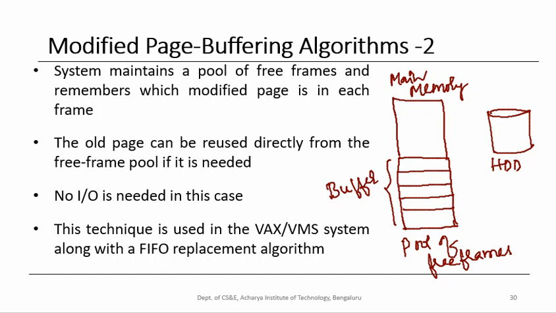Another improvisation to the basic page buffering algorithm is to maintain a pool of free frames, which you know are not allocated to any of the processes, and use them to hold the contents of the pages identified as victim pages, which are then written onto the hard disk.